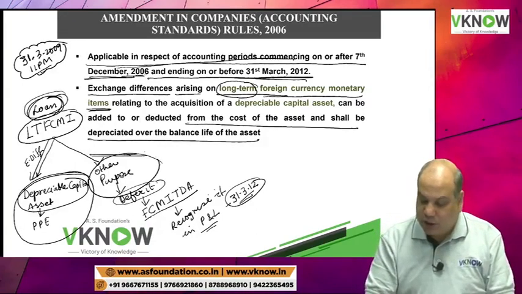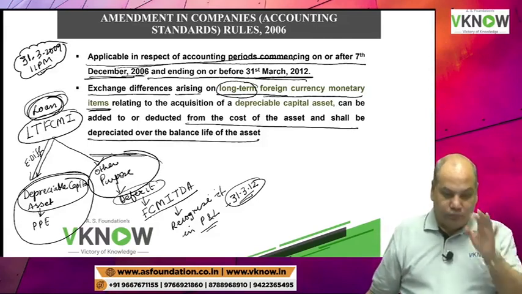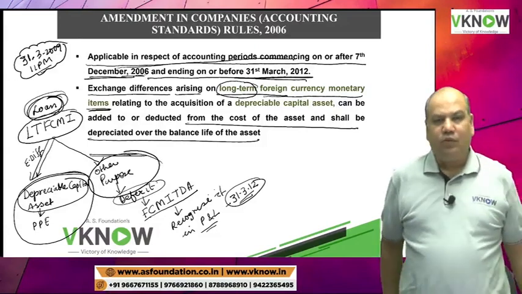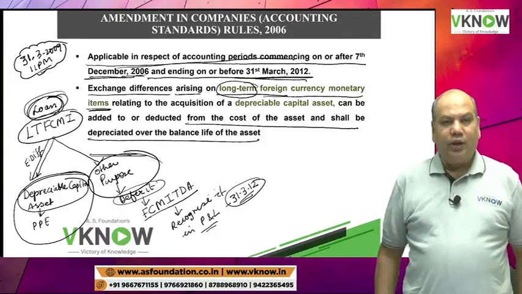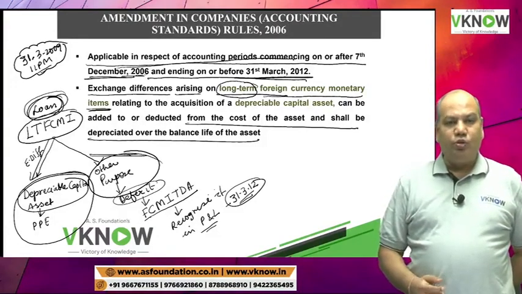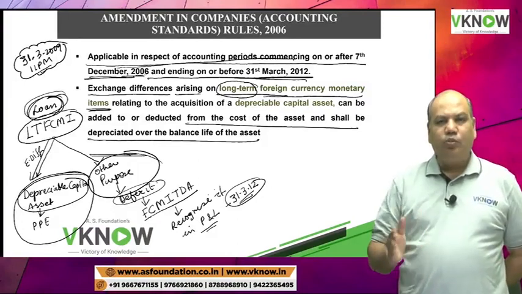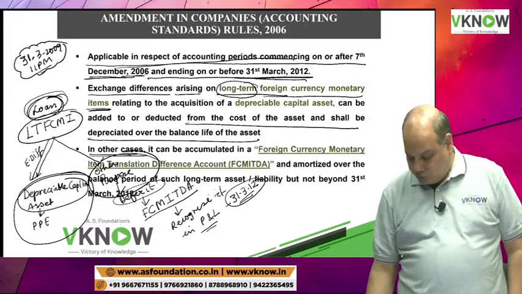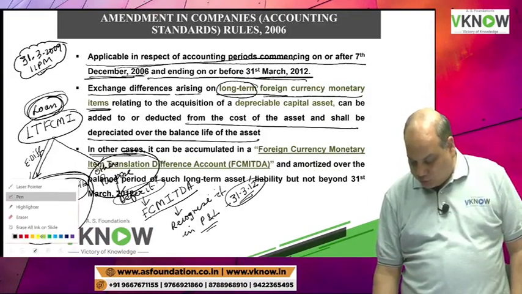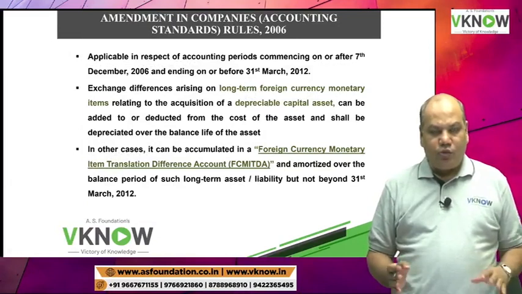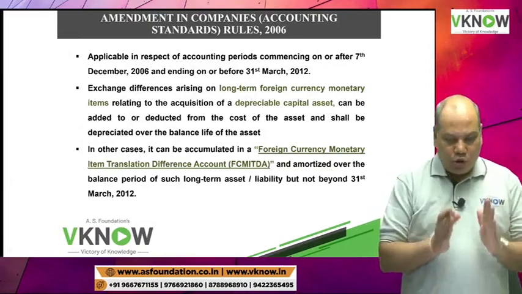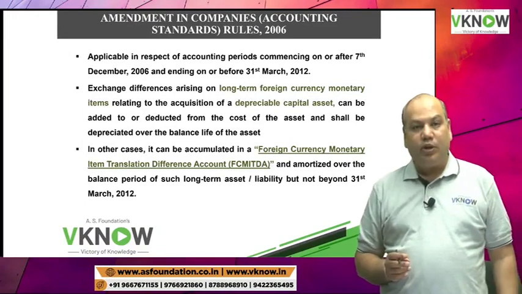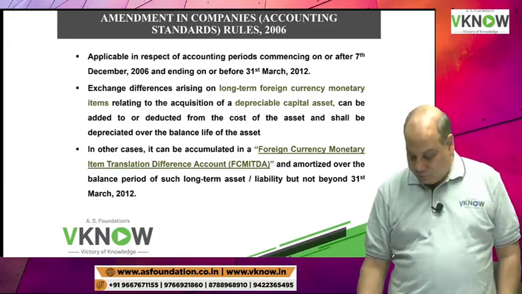Or if the loan is taken for other business purpose, then you are going to first defer it and amortize it over the remaining year, not beyond 31st March 2012. So at least you don't have to charge full amount, you can charge small amount. This was the benefit given by the government to the businessman.